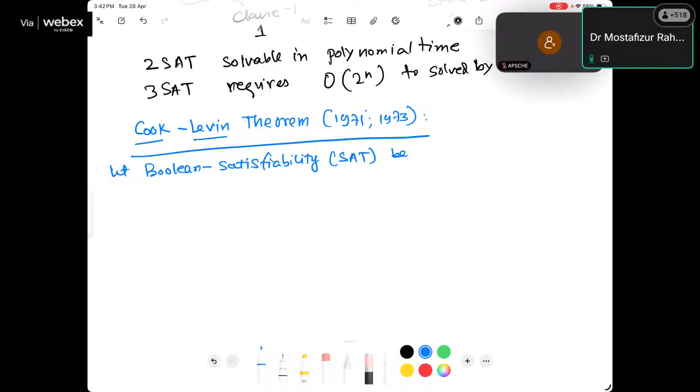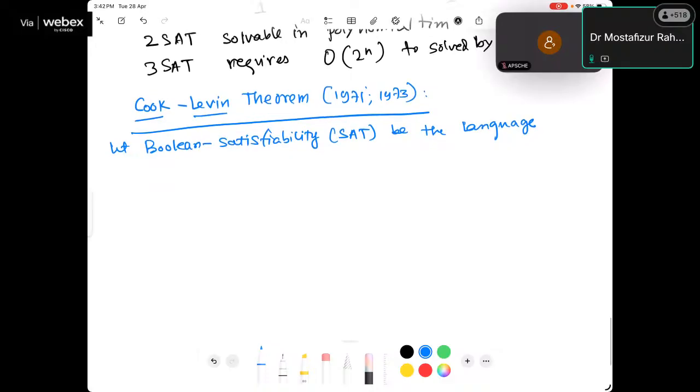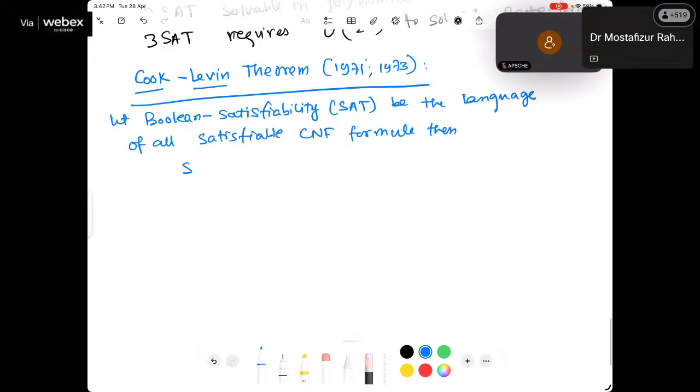Let the SAT problem be the language of all satisfiable CNF formulas, then SAT is NP complete.